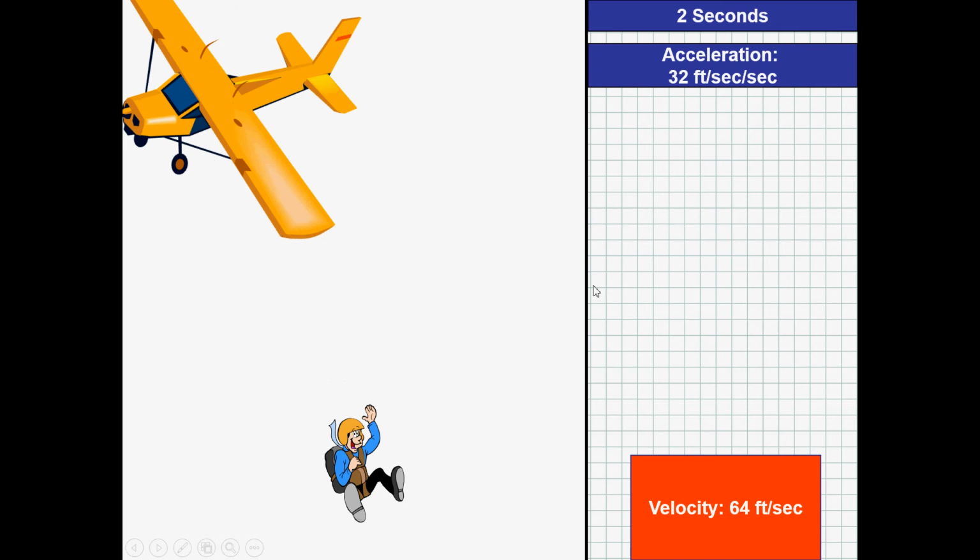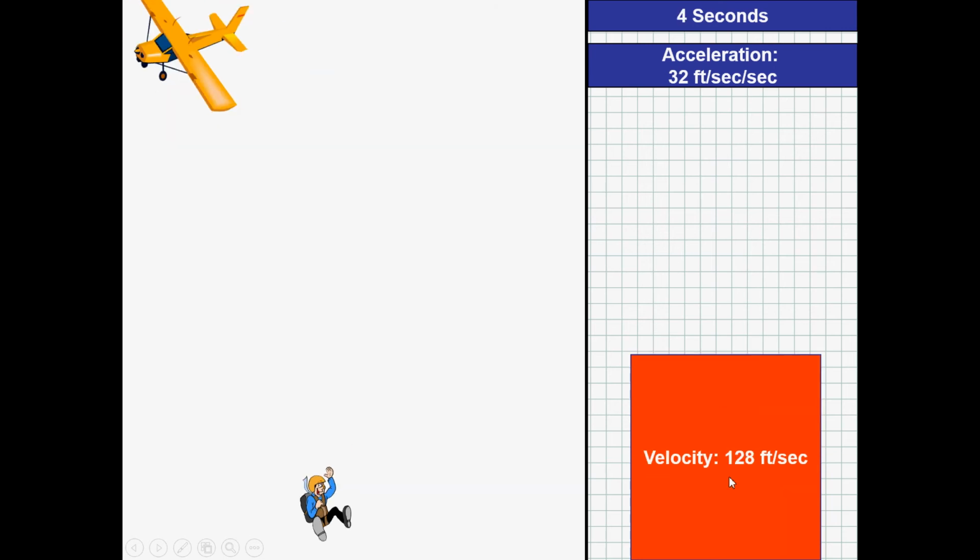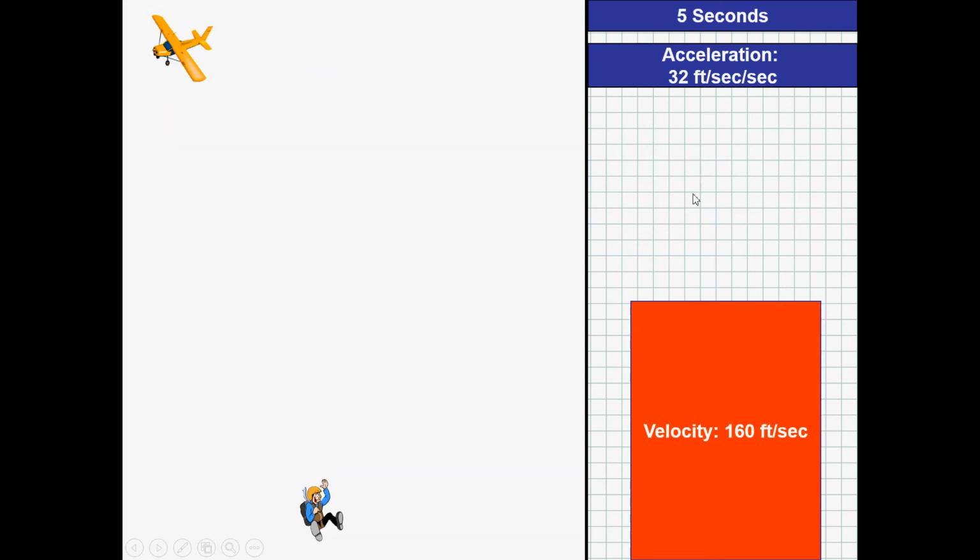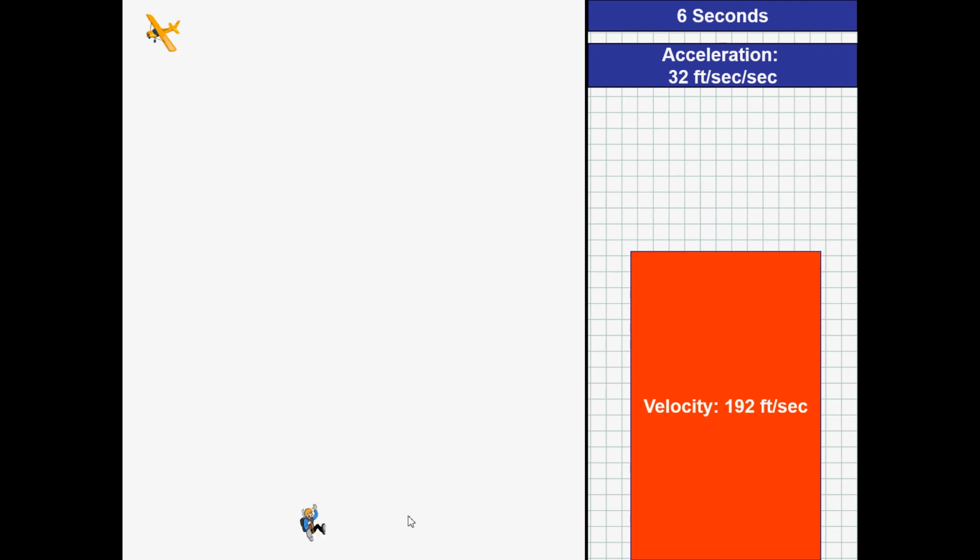After 2 seconds, 2 times 32 is 64, and it just keeps accelerating as we go 3, 4, 5 seconds. It keeps going faster and faster. We're not going to worry about air drag here. In real life, eventually you'd get enough air drag that he would level out at what's called terminal velocity. But for our purposes, we're going to assume that he keeps going faster and faster. There goes Fred. Look at him go.